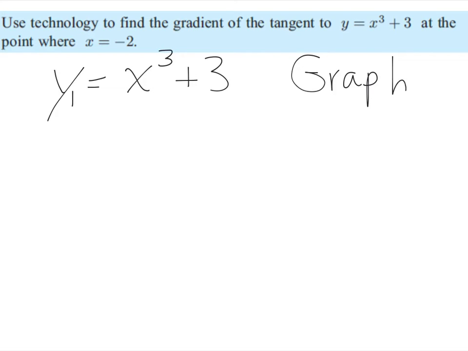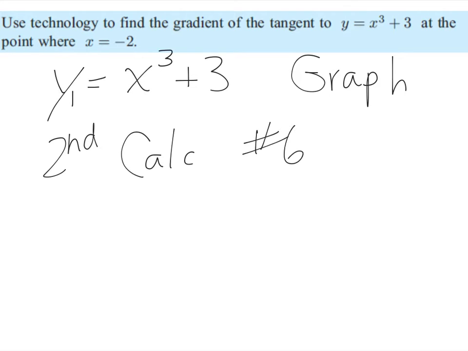Then you're going to go to second and calculate, and we're going to go down to number 6, and it's going to say dy by dx. So we're going to calculate the derivative. And then it'll ask you to put in a value.